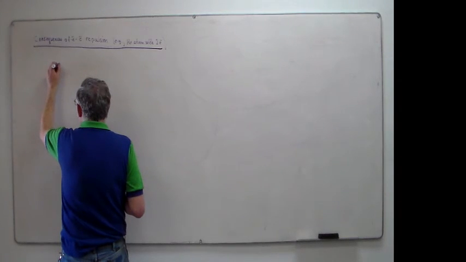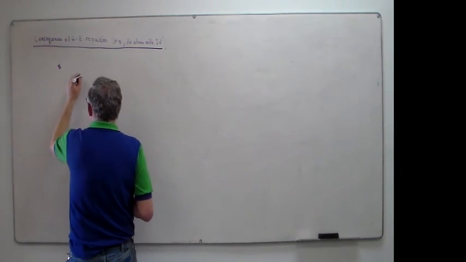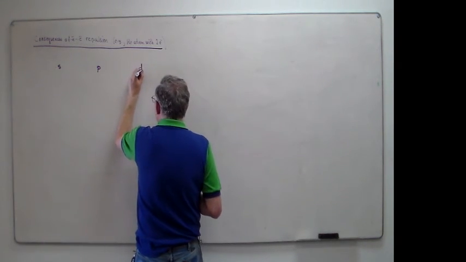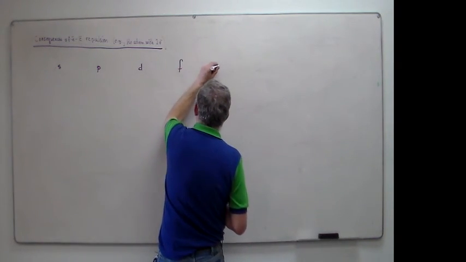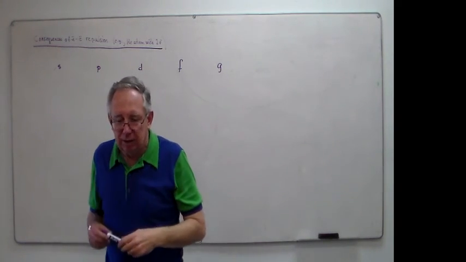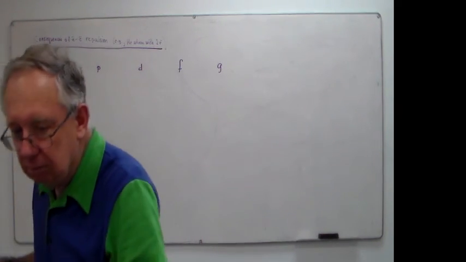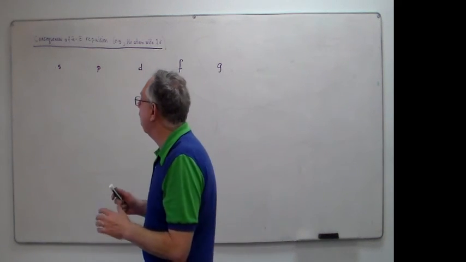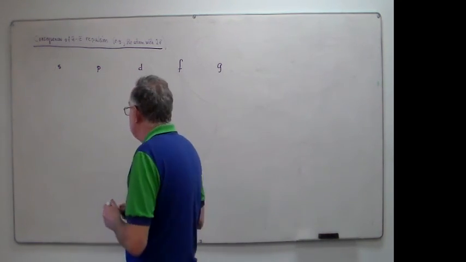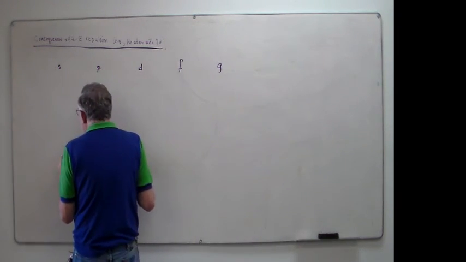Okay, so now we're going to look at the s orbitals, the p orbitals, the d orbitals, the f orbitals, and the g orbitals of not a hydrogen atom, but helium.